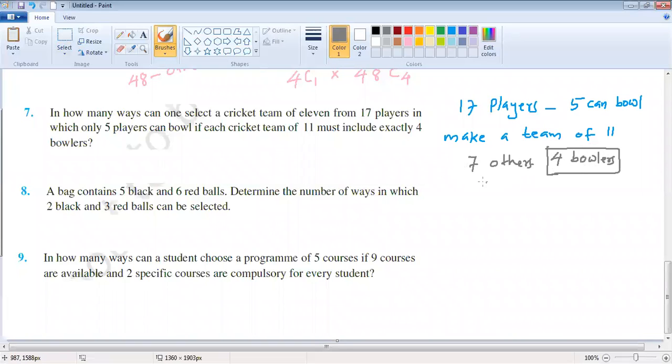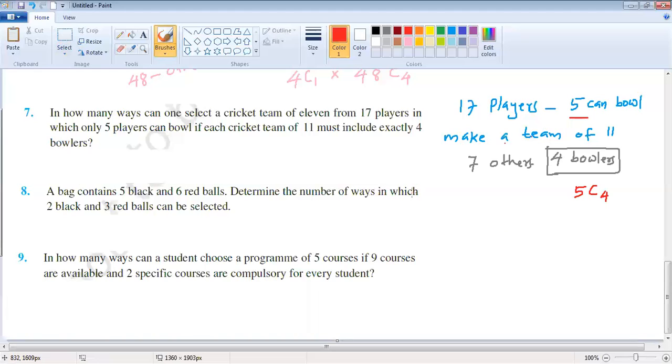How many ways can you select 4 bowlers? Only 5 out of 17 players are bowlers, so you have to select 4 from them. That is possible in 5C4 ways. So 4 bowlers can be selected from the 5 bowlers in 5C4 ways.